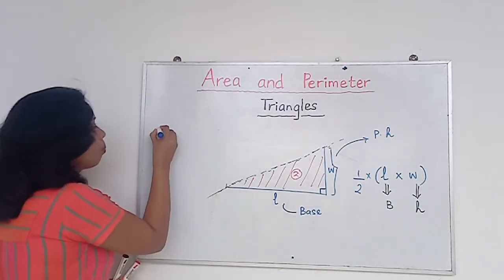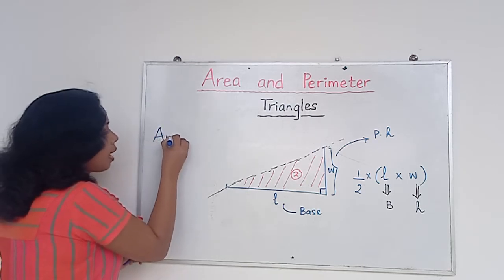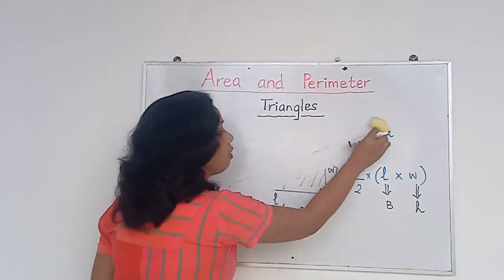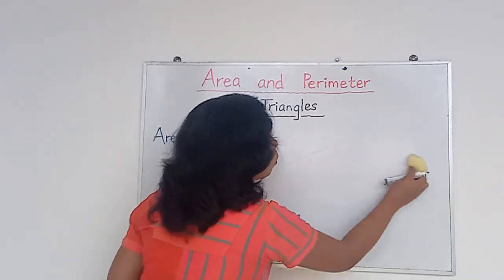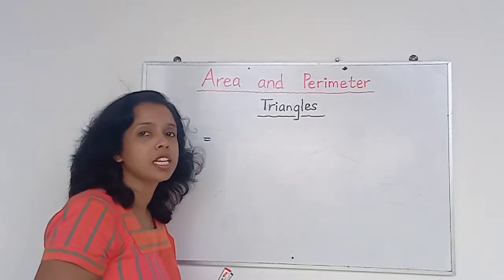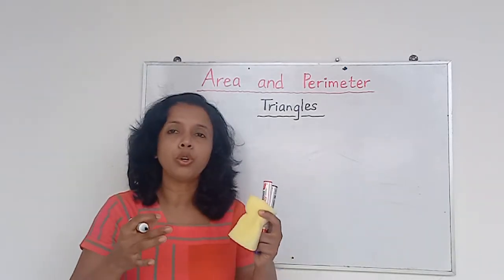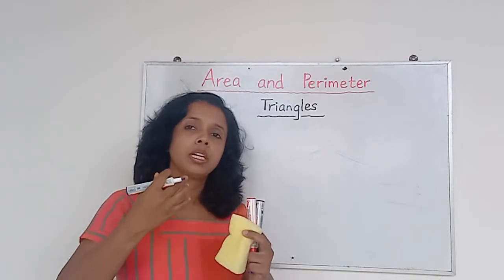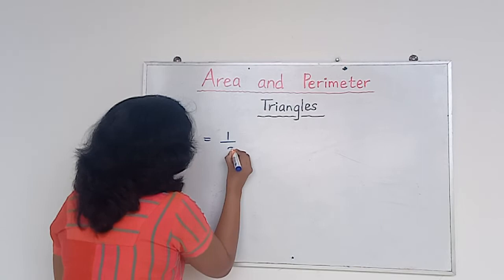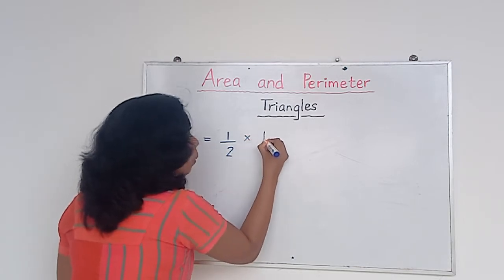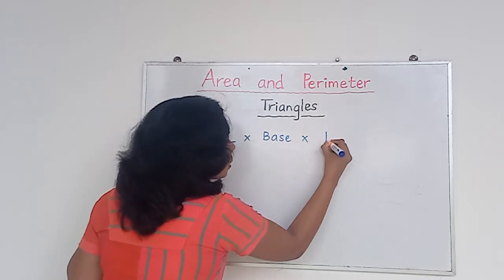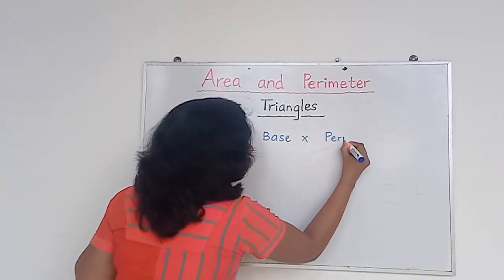If so, the area of a triangle should be equal to, now tell me the formula. Without telling the formula at once, I told you how to achieve the formula. So look at this: half into base into perpendicular height.